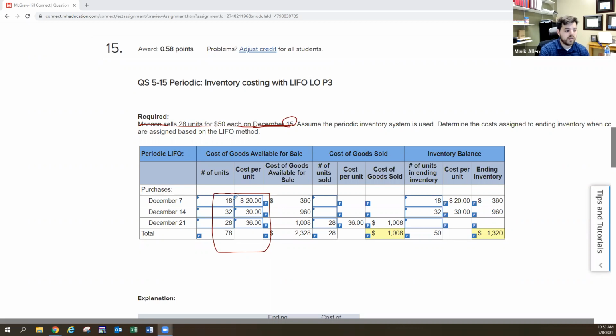So I can do things that don't make sense time-wise. I can't sell something on the 15th that I didn't have till the 21st, but under a periodic system, you can, because we're not making this entry until, let's say, December 31st. That's when the entry is being made. By that point, you certainly do have this stuff from the 21st. So that is why this works, and that is why we see this difference.